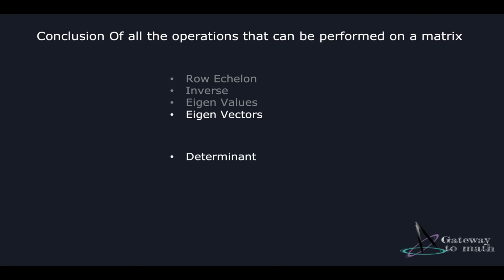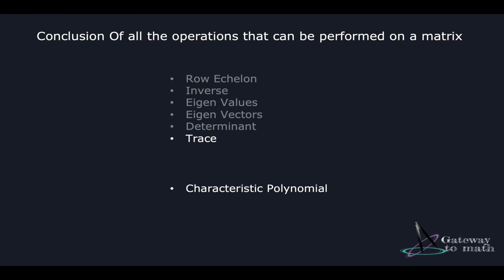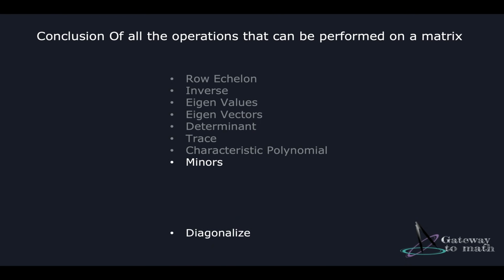Now let us do a conclusion of all the operations that can be performed on a matrix, which we've already discussed. Row echelon, inverse, eigenvalues, eigenvectors, determinants, trace, characteristic polynomial, minus, diagonalize, adjoint, rank, and transpose. So these are all the concepts that we've already discussed in the previous sessions.